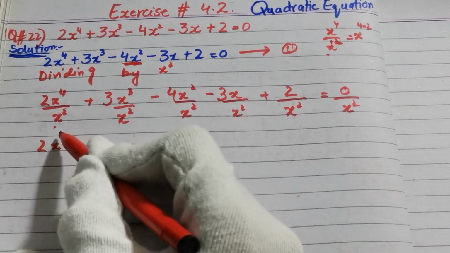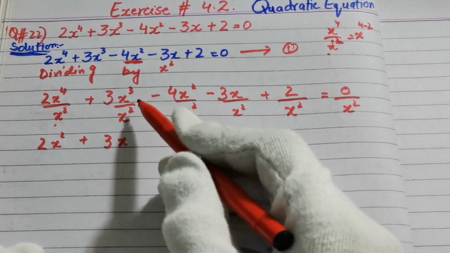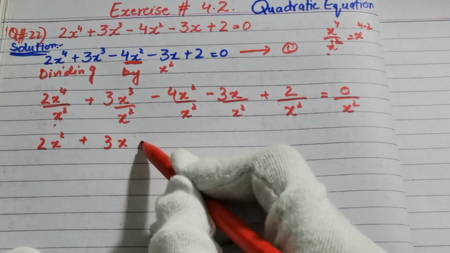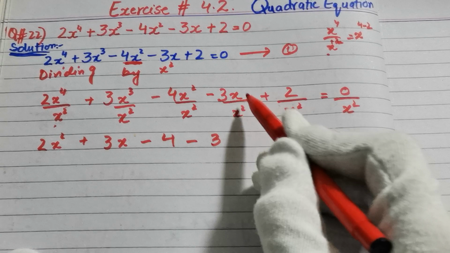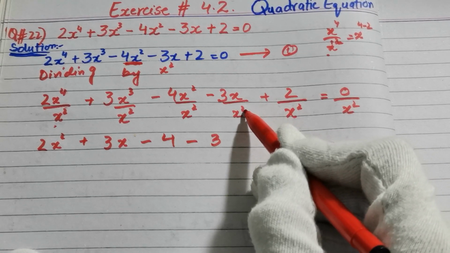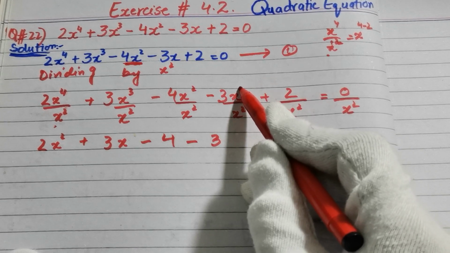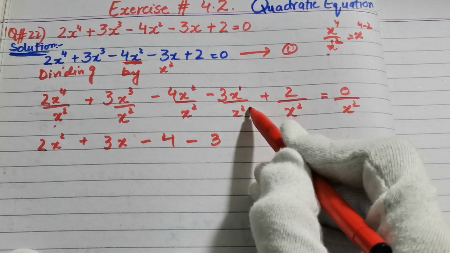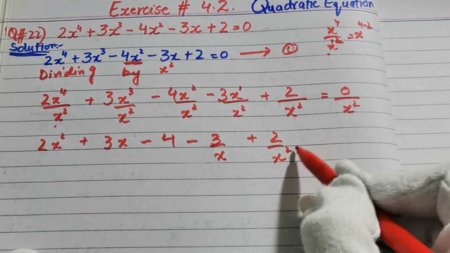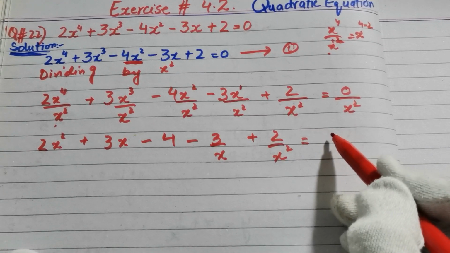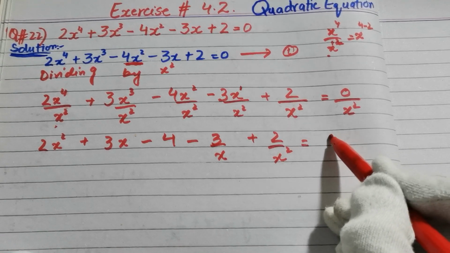So x square plus 3x, 3 minus 2 becomes x, minus 4 as x square and x square cancel, minus 3 by x, plus 2 by x square, and 0 divided by x square gives 0.